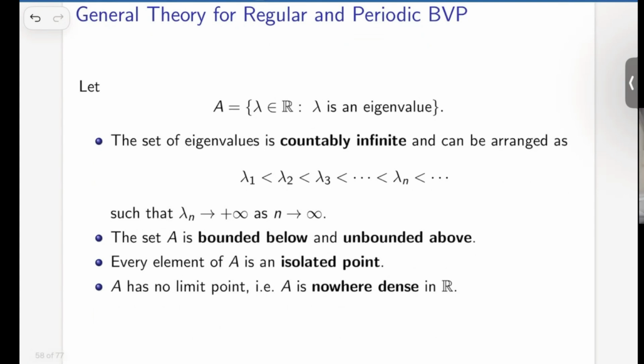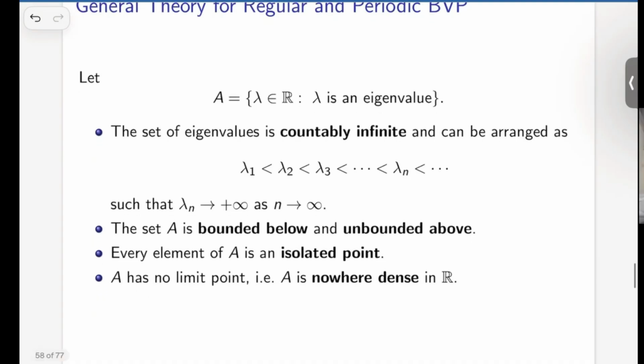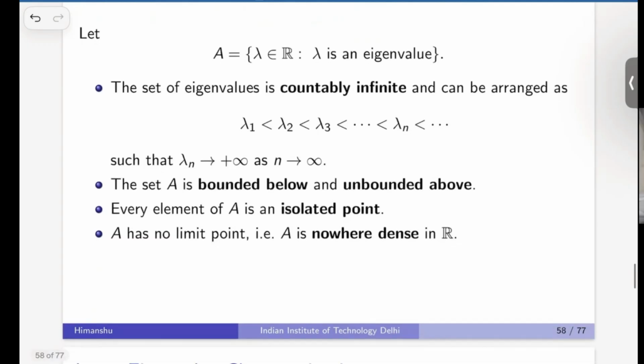And my set A is always bounded below and unbounded above. Every element of A is an isolated point and it is never dense in R.